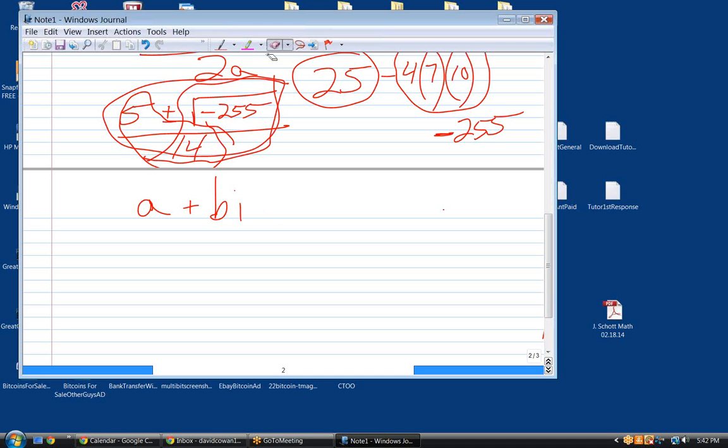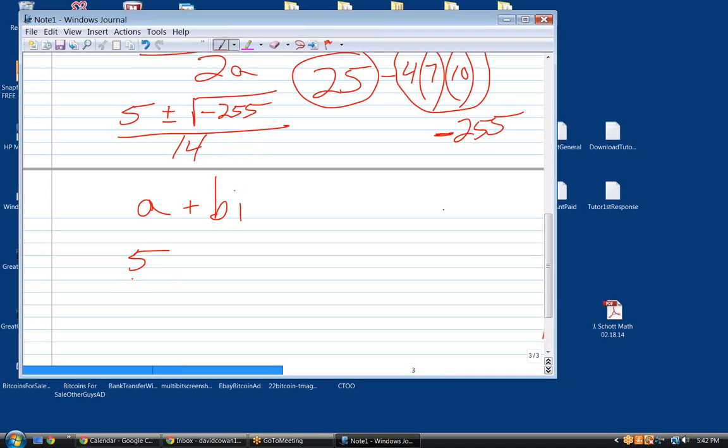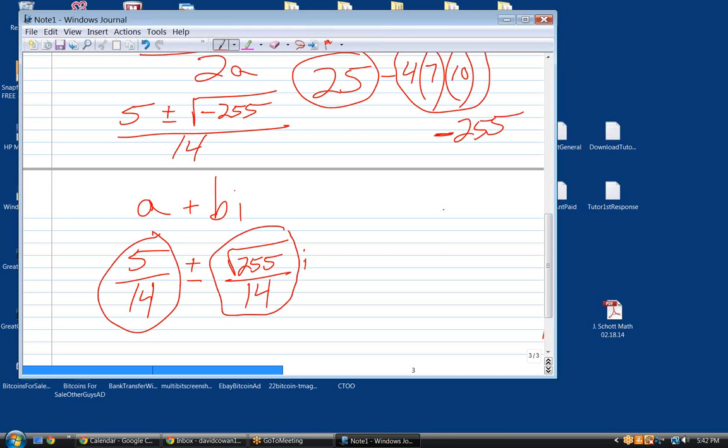So this number that we came up with here is going to be 5/14, the A, the real part, plus or minus 255 over 14I. So here's A, here's B, in official complex number format.